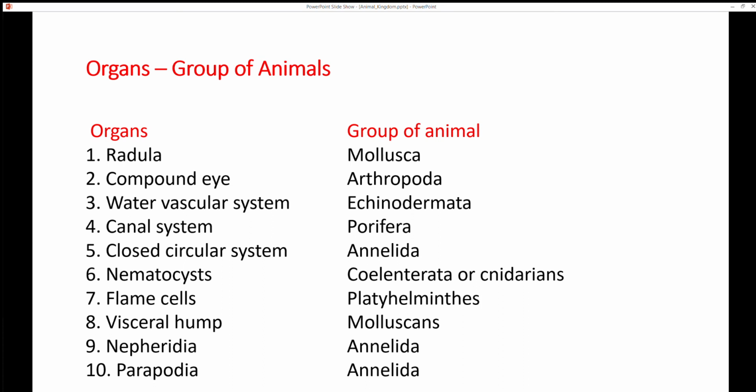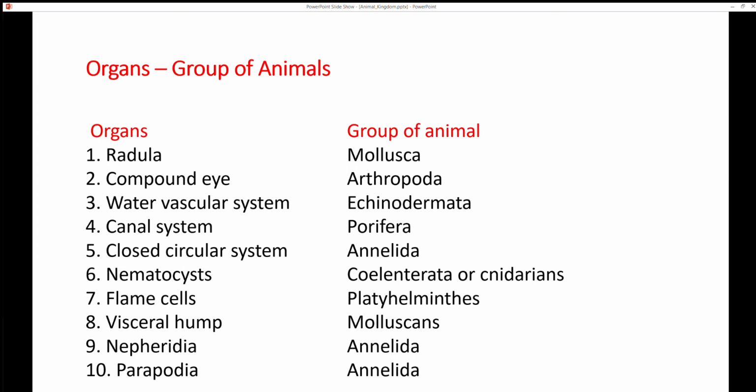The important points are being repeated. In Mollusca, the organ is the radula. Radula is responsible for eating the food, catching the food. Arthropoda contains compound eyes, which can see at nighttime, nocturnal, that is why it can move in nighttime when it is dark.